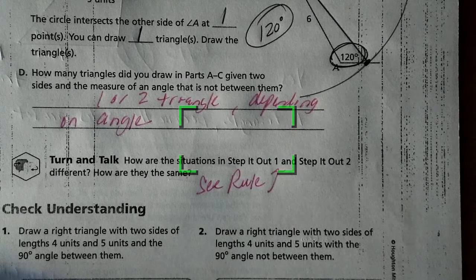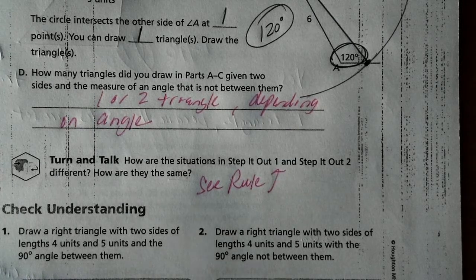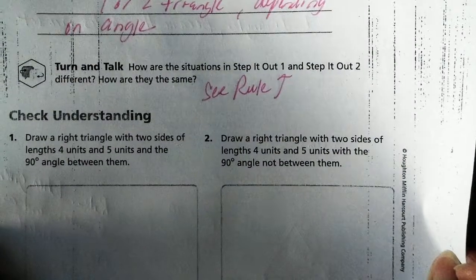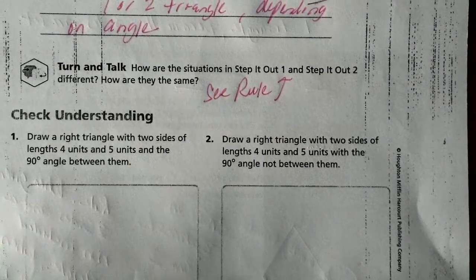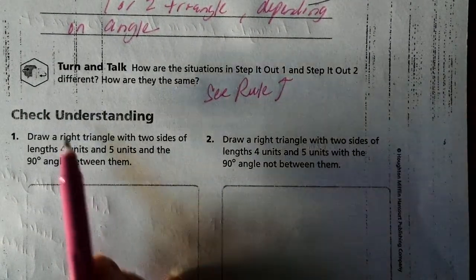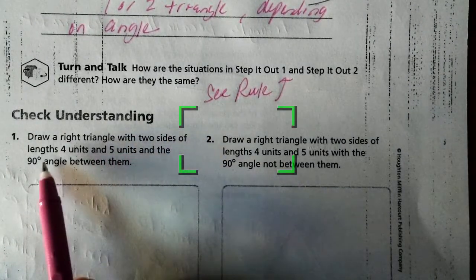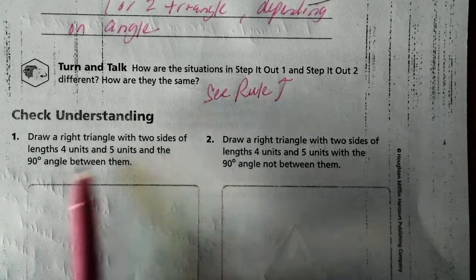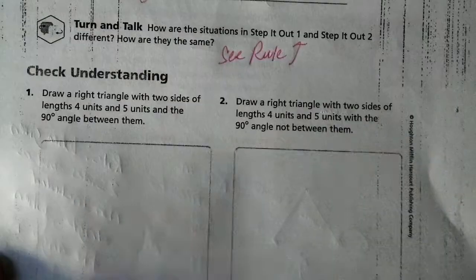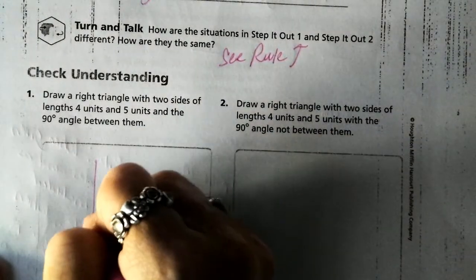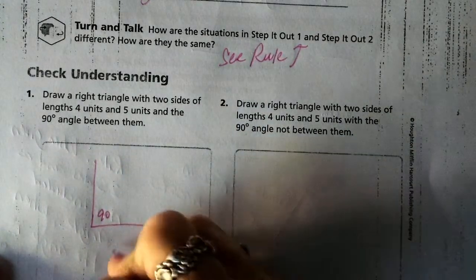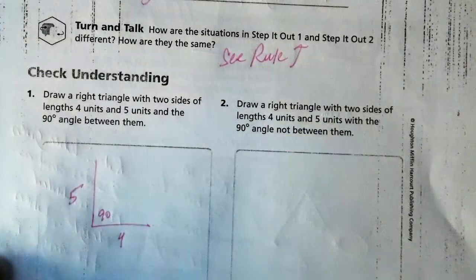Okay, so without drawing the triangles, I want you to look at the check understanding. It says draw a right triangle with 2 side lengths of 4 and 5 and a 90-degree angle between them. So that's going to look something like this. Right? So this is my 4, this is my 5.